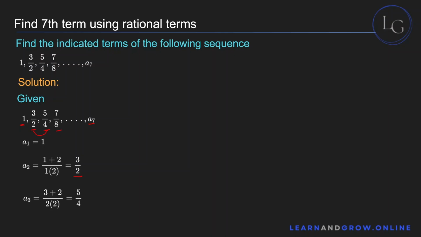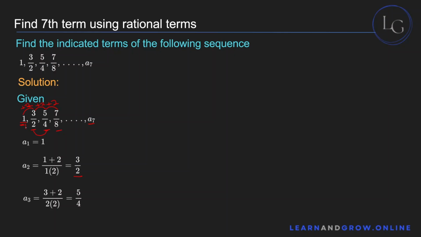So we'll deal with the numerators in one sequence, and we'll deal with the denominators in a different sequence. For the numerator, you can clearly see that it's being added up by 2. 1 plus 2 is 3, plus 2, plus 2. So that's how the numerators progress. And in the denominator, we'll treat the 1 as 1 by 1.